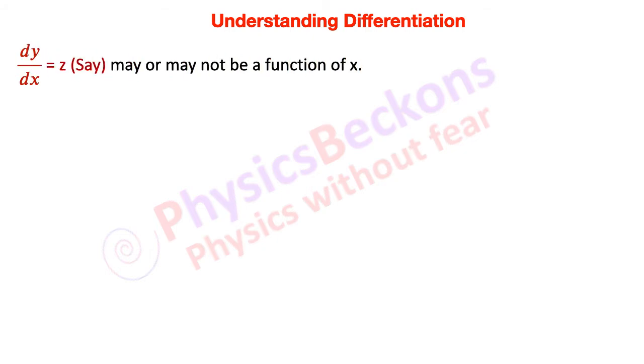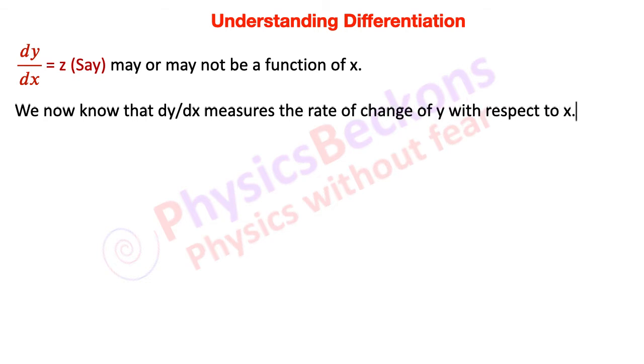dy by dx, that is differential of y by x, let us suppose we denote it by z. It may depend on x, it may not depend on x. We now know that dy by dx measures the rate of change of y with respect to x.